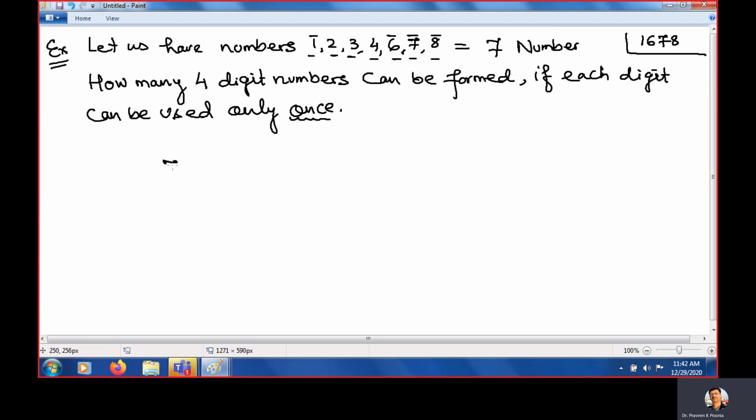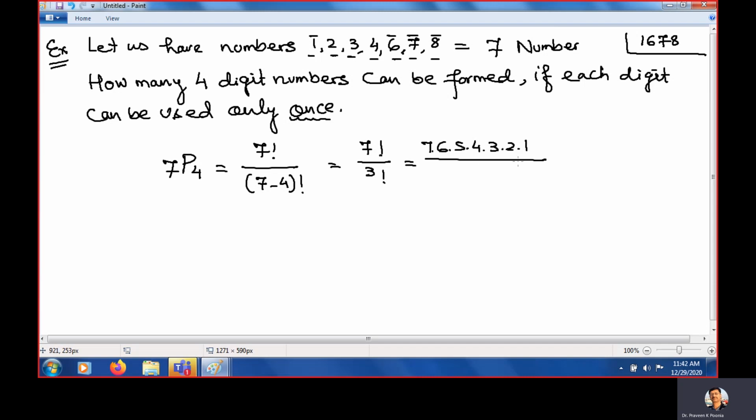Clear? So 7p4. Total possibilities are 7p4. 7p4 means factorial 7 upon factorial 7 minus 4, that is factorial 7 upon factorial 3. Now 7 times 6 times 5, 4, 3, 2, 1 and here is 3, 2, 1.